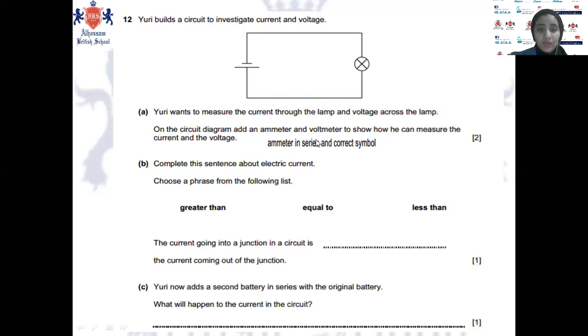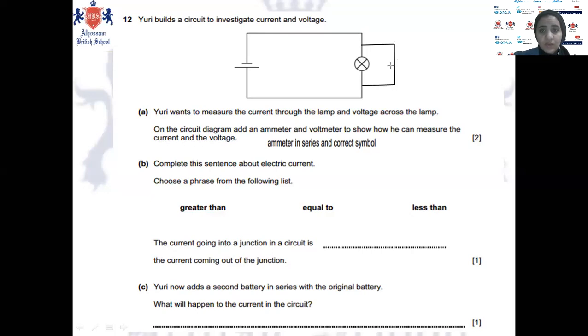He wants to measure the current and the voltage. The voltmeter goes in a parallel way with the lamp, across the lamp. Like this, in front of it.